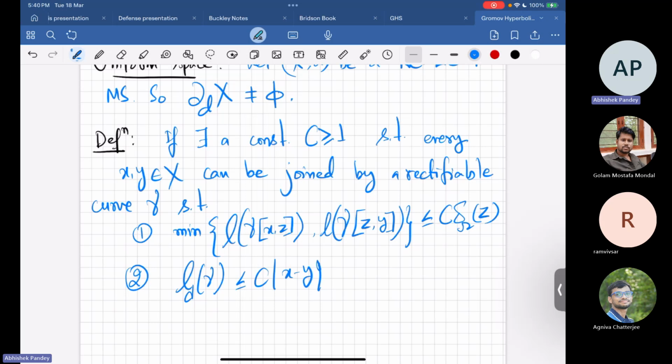So this is known as the quasi-convexity condition, and this is known as the cone arc condition.